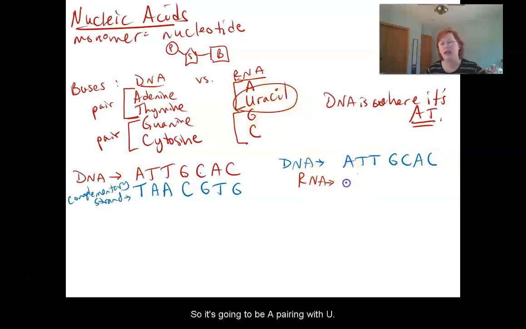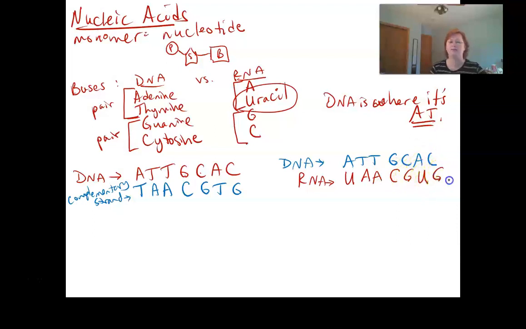So it's going to be A pairing with U, and then T with A, C, G, A with U, and then G. So my RNA strand should look very similar to my complementary strand, except that I have U's whenever I'm using RNA.